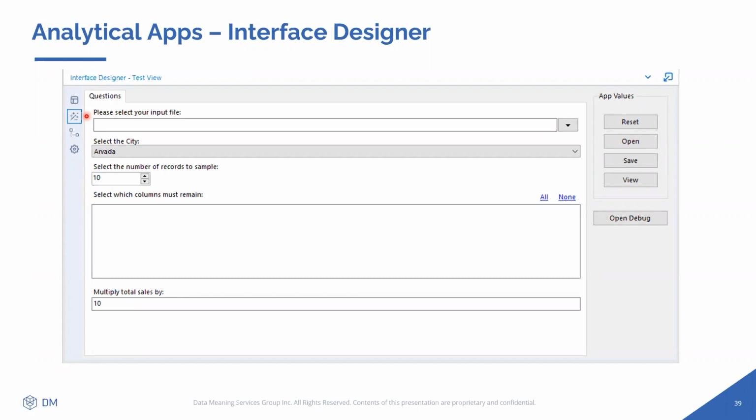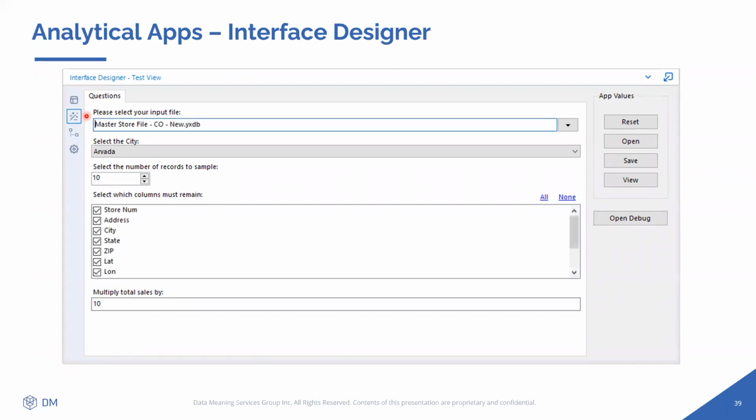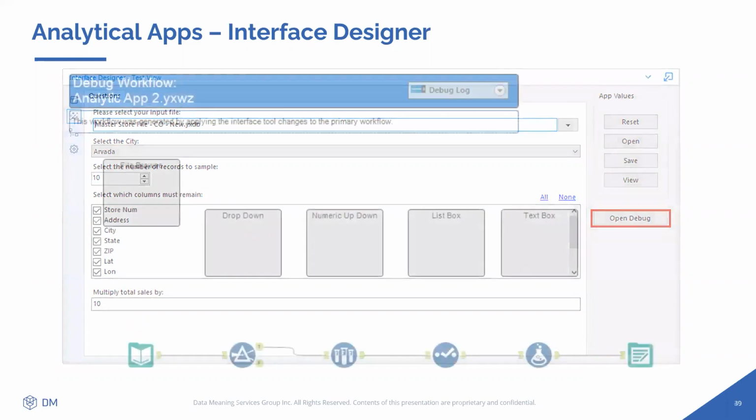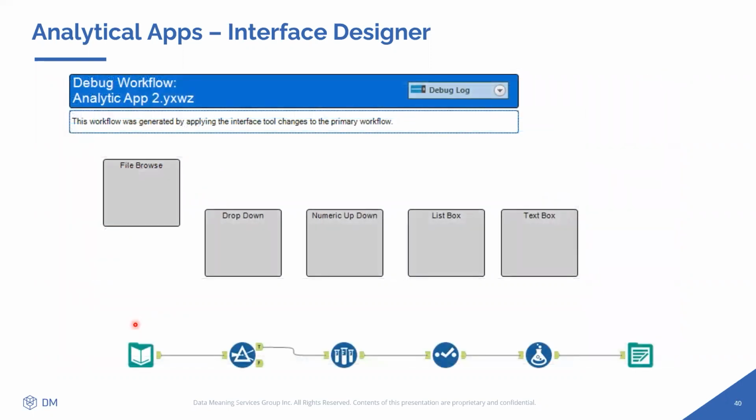So as an example, I'm filling my file, I'm filling the city, everything is filled, and then it's only a matter for me to open debug. After doing that, you'll see something like this. As you can see, we don't have user interface tools anymore.